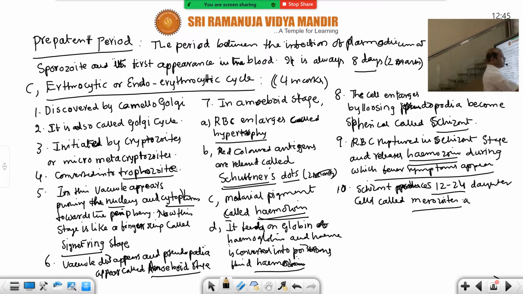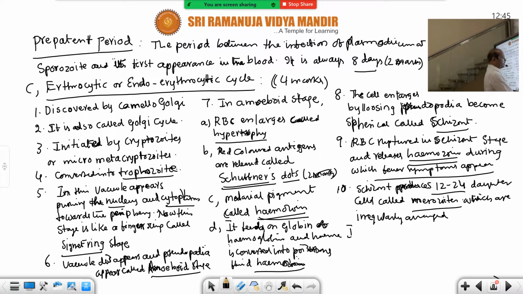They are irregularly arranged, and the life cycle is almost completed. The diagram we can draw tomorrow because the time is up. Sometimes they are regularly arranged like a rosette, a rose flower.